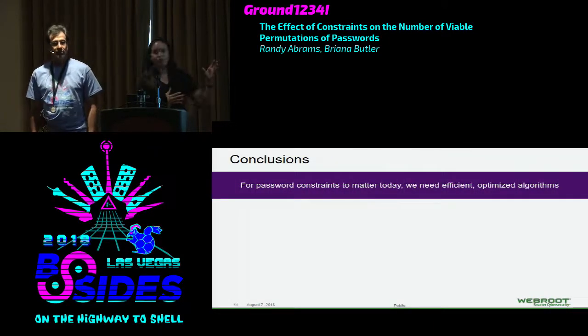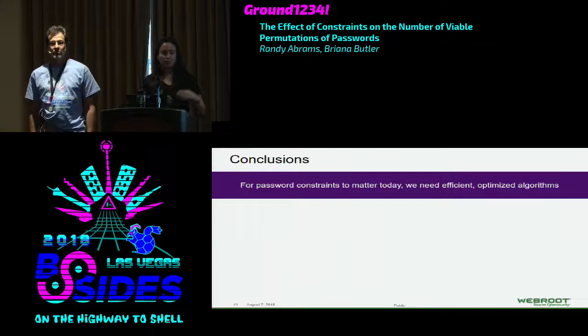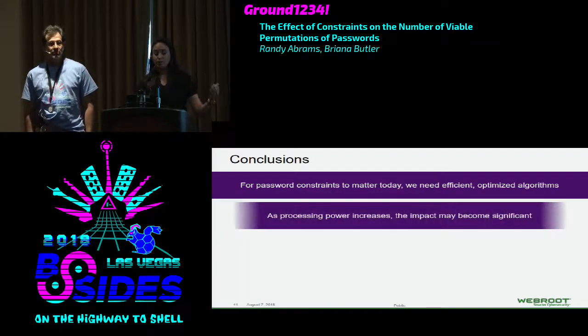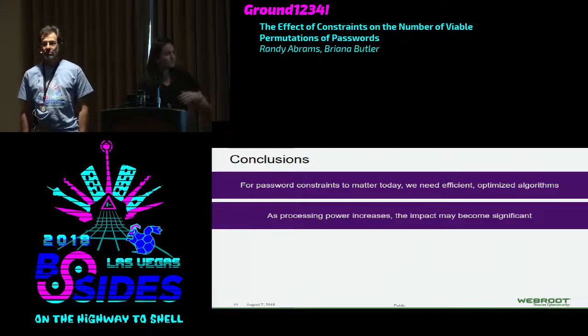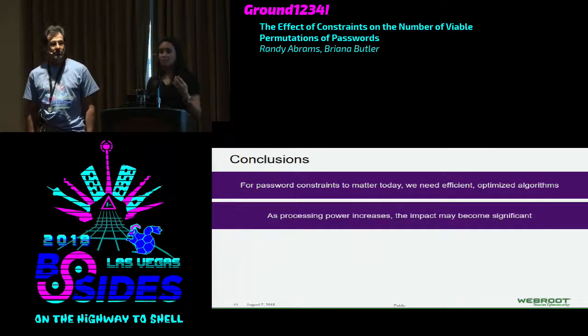None of this would really matter if you aren't able to filter out the valid possible passwords, flexibly prioritize the guesses, and not use excessive computational resources to do so. Otherwise, it doesn't really matter, especially today. But tomorrow, as processing power increases, Moore's law, the impact may be significant.